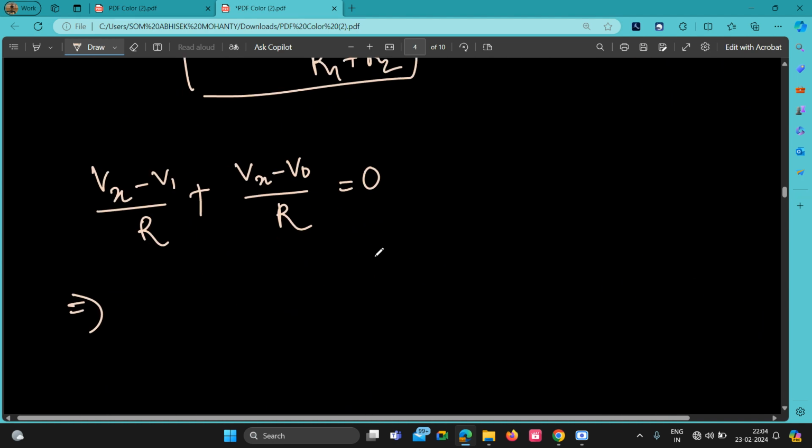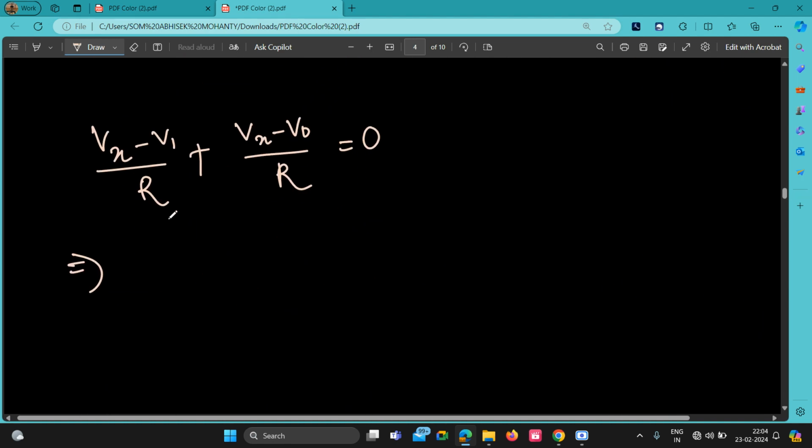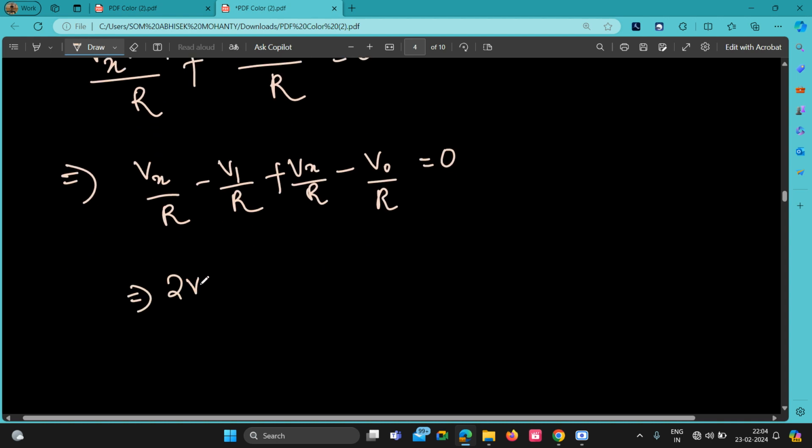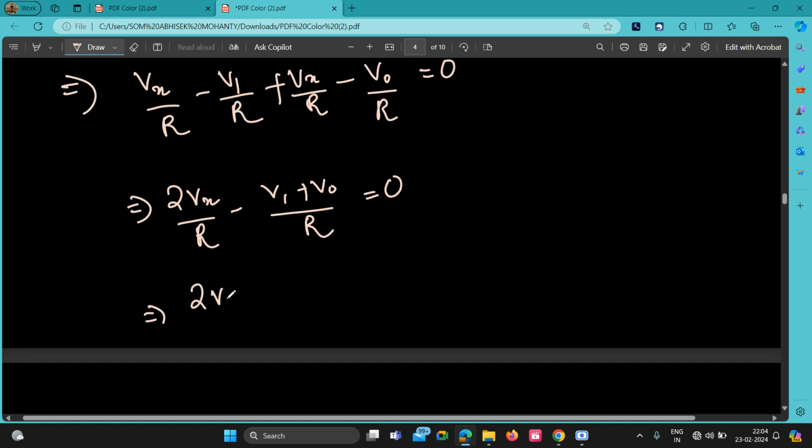That is Kirchhoff's first law, KCL. So Vx by R minus V1 by R plus Vx by R minus V naught by R is equal to zero. So here it becomes 2Vx by R minus V1 plus V naught by R is equal to zero. Now 2Vx is equal to V1 plus V2, isn't it?